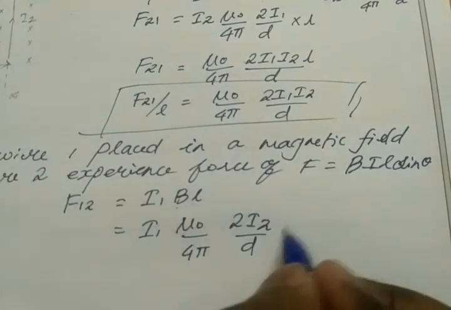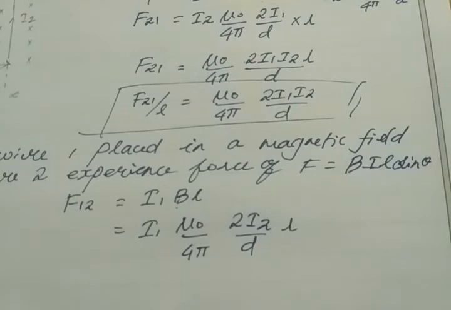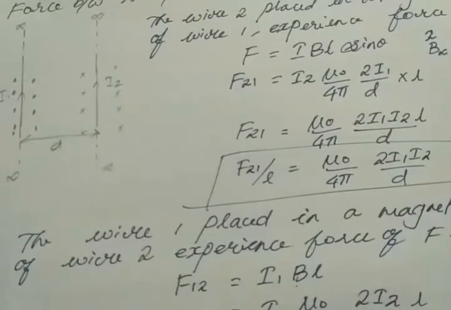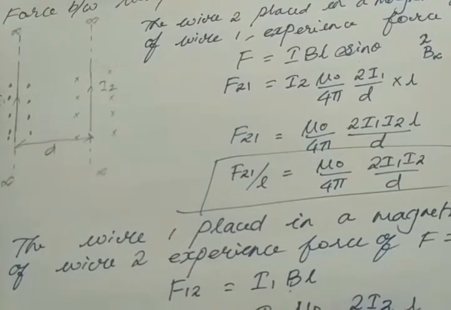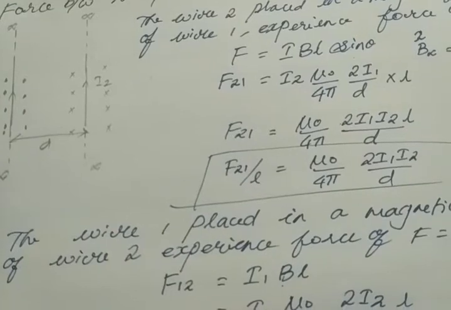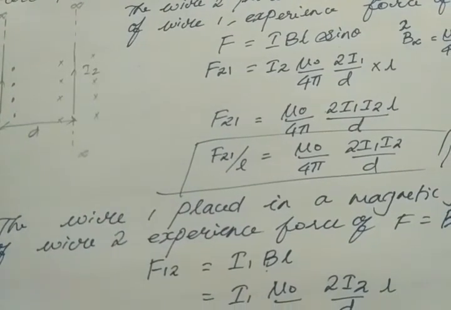Okay, the magnetic field over then L. Right? So here the magnetic field means the magnetic field of wire 2, so mu naught by 4 pi 2I2 divided by D. Okay, the magnetic field produced by the second current. Clear?